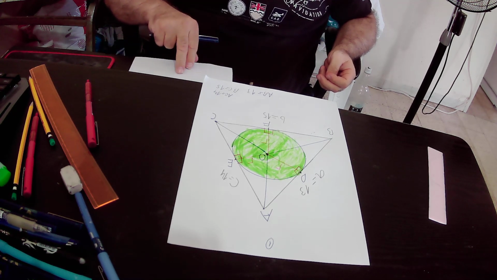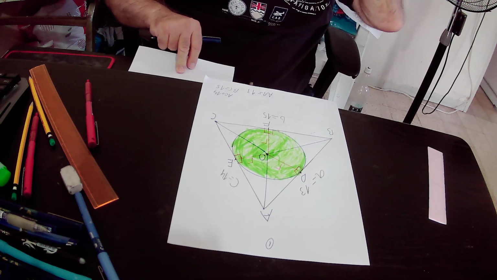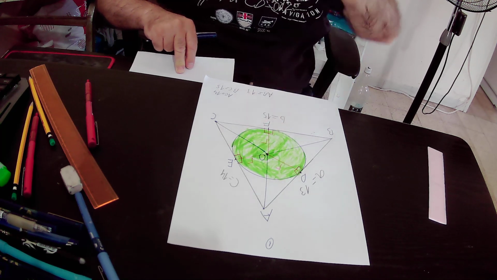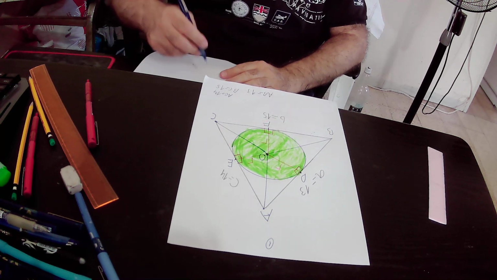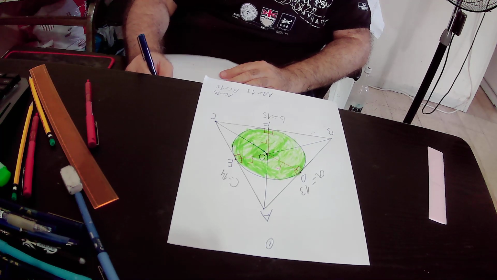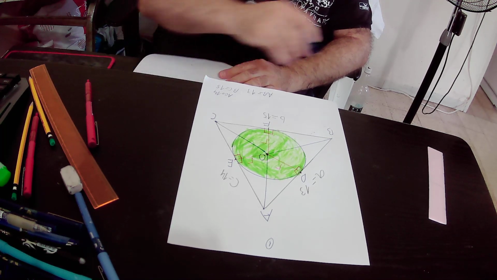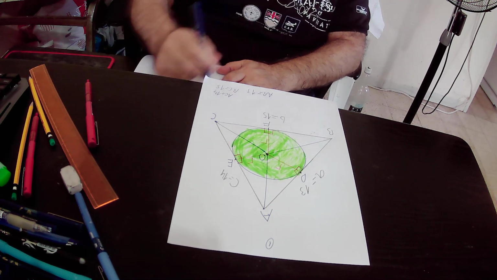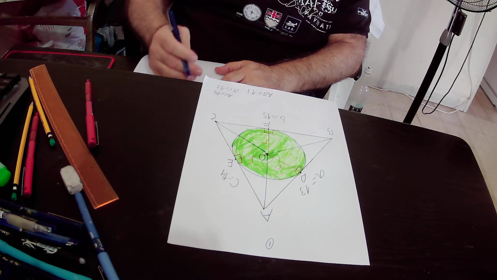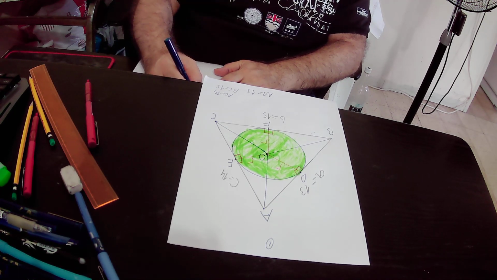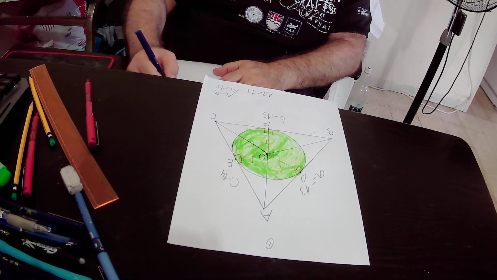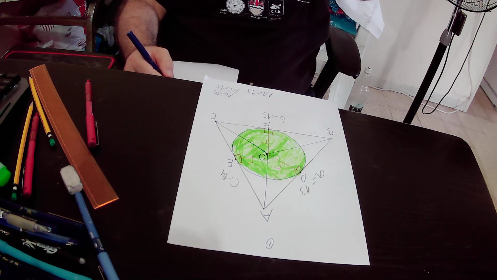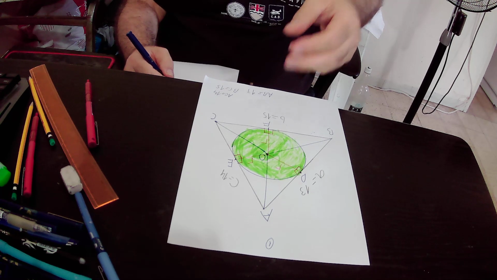So in the next step we'll calculate the radius of the green circle by a special formula. That will be the second method to find the radius of the green circle, and also the area of the green circle. When we find the radius, we automatically know the area of the green circle, because the area equals pi times the radius squared.